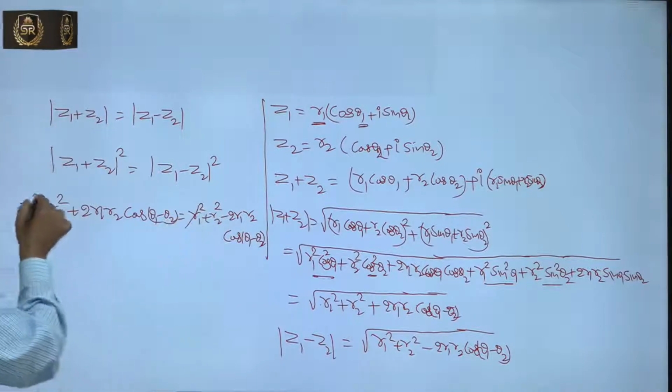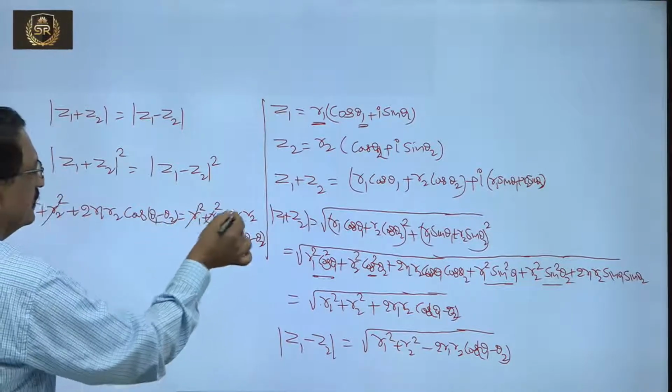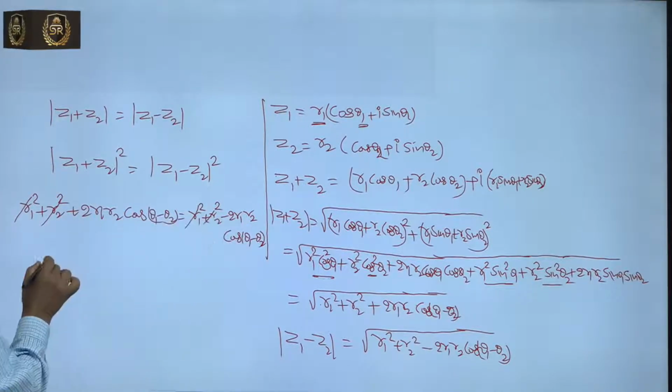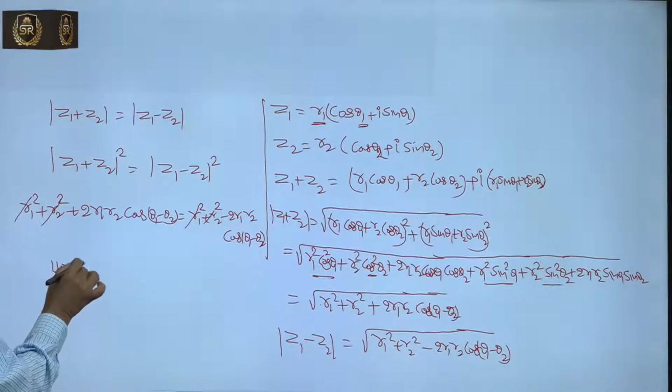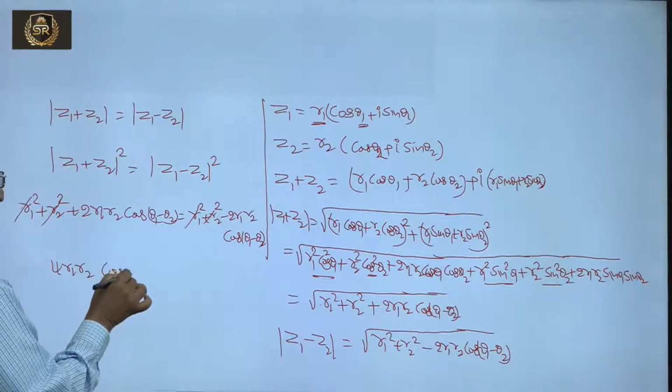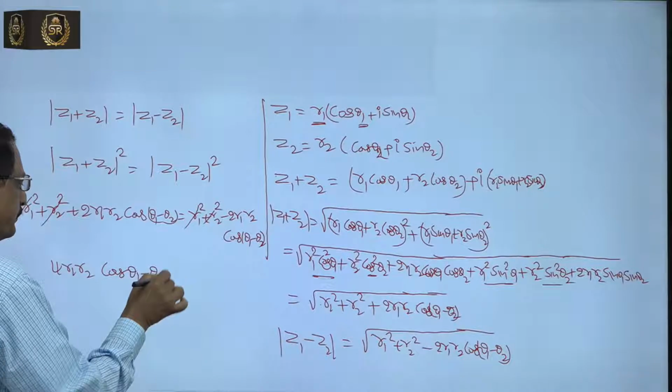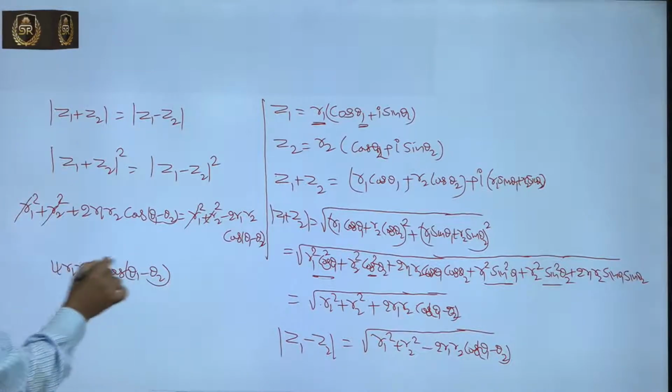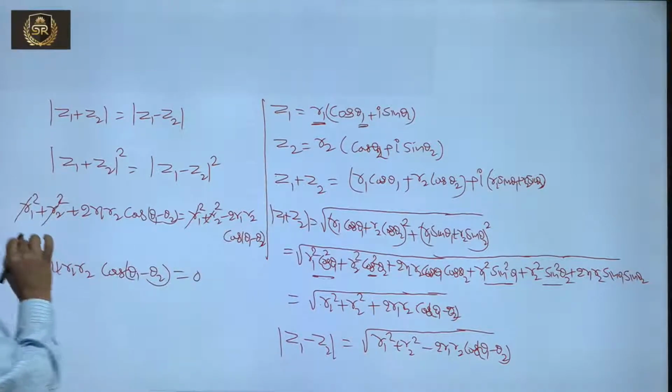Now r1 square cancel, r2 square cancel, complete take left side, we get 4 r1 r2 cos of theta 1 minus theta 2 equals 0.